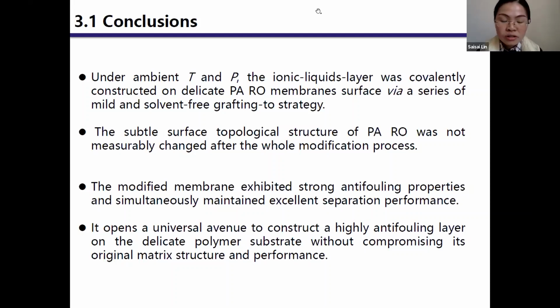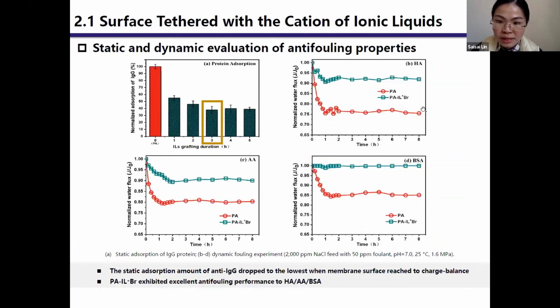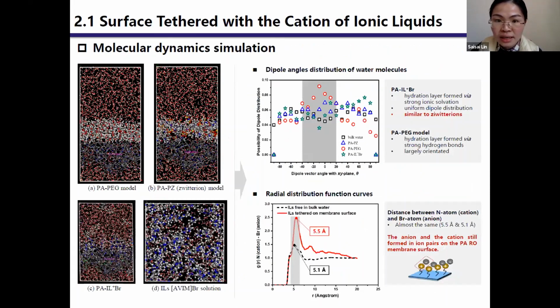Okay. Sorry, maybe I did not speak very clearly. In the first part, we solely grafted the cation onto the membrane surface. But you can see, we have done the molecular simulation. Even though we solely grafted the cation on the membrane surface, the ionic liquids will still exist as ion pairs.